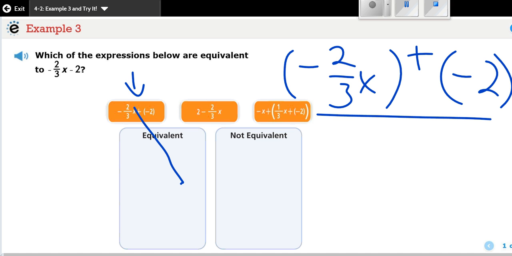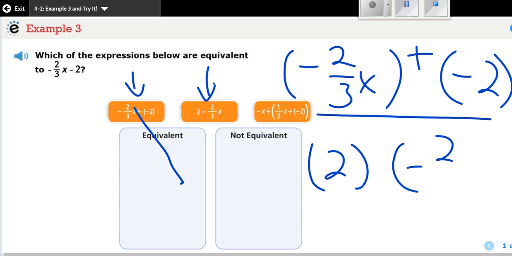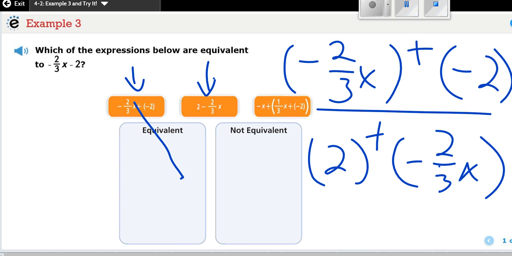Here we look at this expression. The second expression, is this one going to be equivalent? We can do the same idea, right? We can say, okay, we got a 2, and then we have a negative 2/3 x, right? Like that. And so here's where our difference comes, right? Here we need a negative 2. Here's only a positive 2. And then the last one, of course, is going to be, okay, we've got to take this negative x and multiply by 1/3 x.